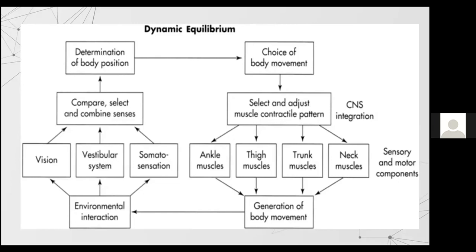So ankle muscles, thigh muscles, trunk muscles, all these muscles, including the sensory components also, they will generate a body movement. And after the generation of that body movement, you have to get the signals from vision, vestibular system, and sensation also, so that you can actually see that there is a door, there is a knob here, there is a chair on this side, there is a table on this side, and I have to avoid the table, and eventually I will open the door.